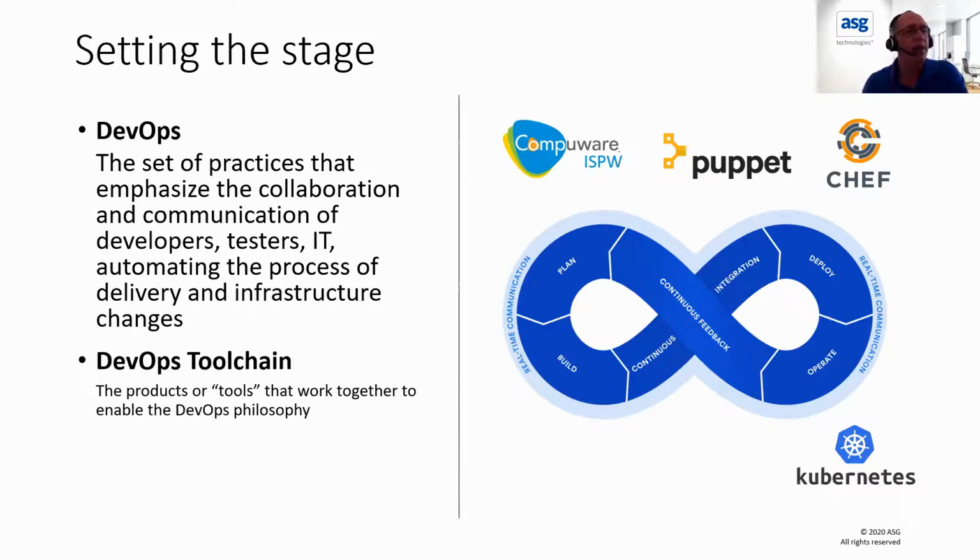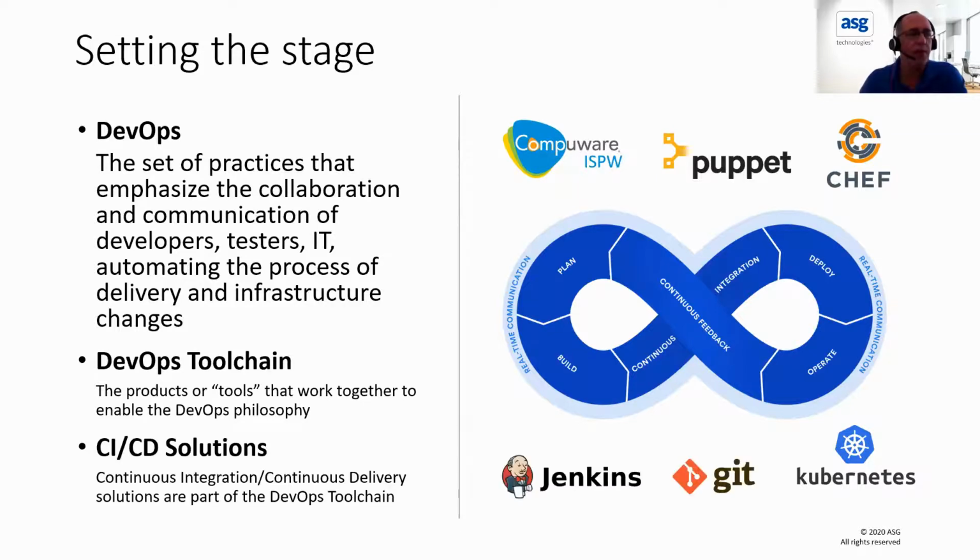DevOps is an operations philosophy that focuses on communication and coordination across teams, with the goal of providing better products and solutions to our customers. The DevOps tool chain is made up of different automation software, as much as possible: development and operations, change management.